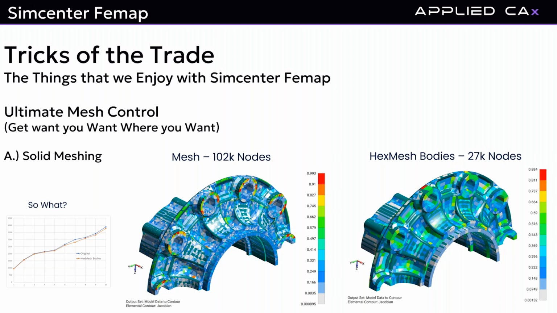Meshing has come a long, long way over the years, but I won't take you too far down memory lane. Let's keep it fresh. When I build solid models, I'm always checking the Jacobian.